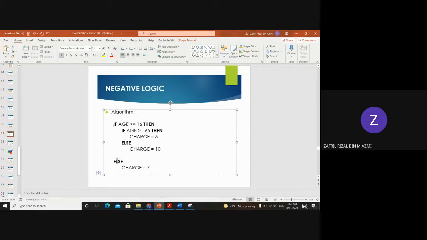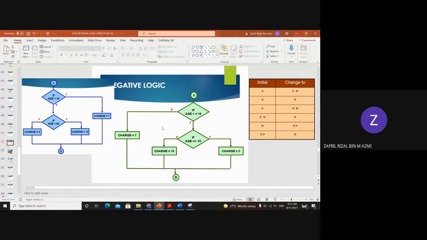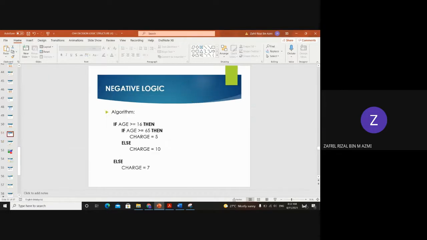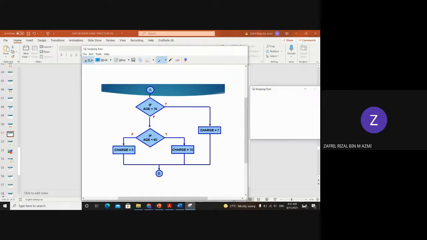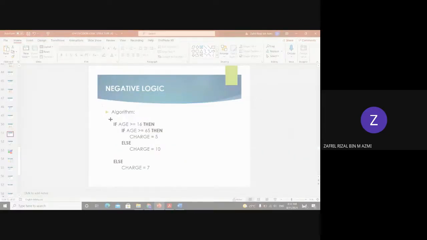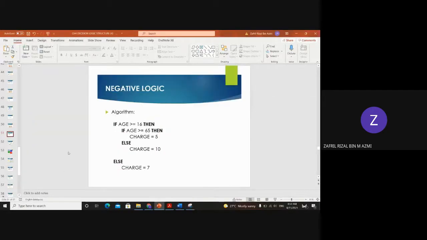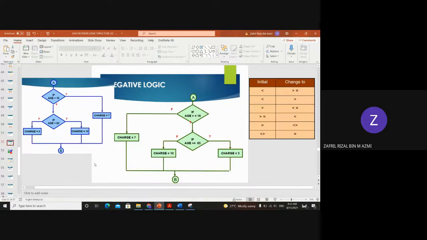That's why indent is very important. So this charge 7 is over here. This is the else for this one. Charge 7. I will put it side by side also so you can compare.